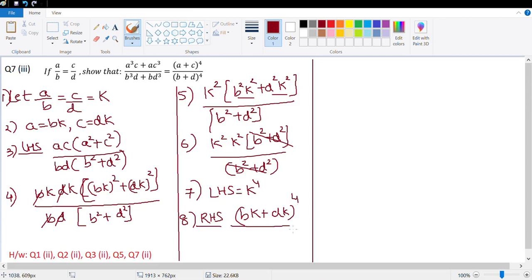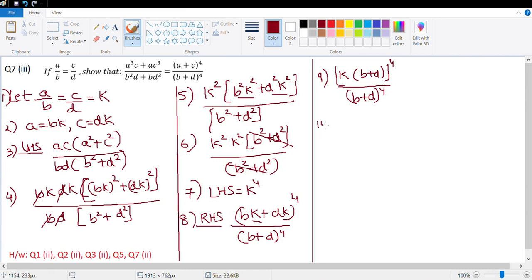And denominator is b plus d to the power 4. Okay. Between these two terms, I have k common. So let's take k common. So when I take k common, inside the bracket is b plus d and everything raised to the power 4. In the denominator, I have b plus d to the power 4.